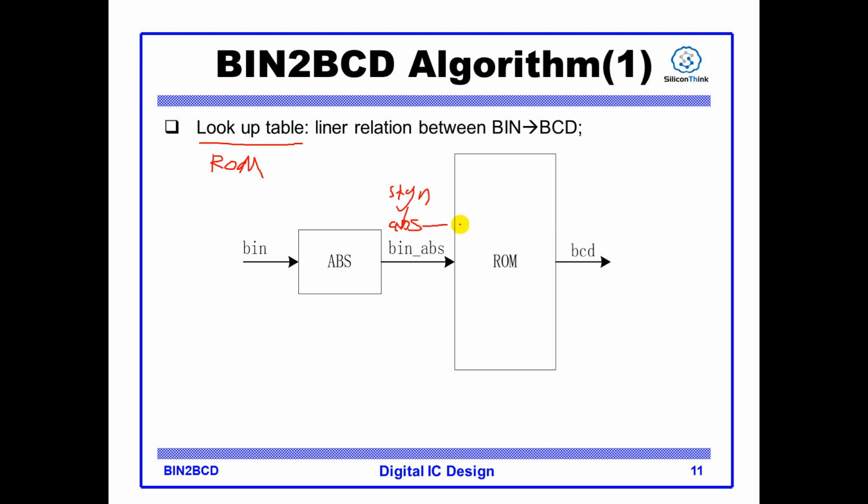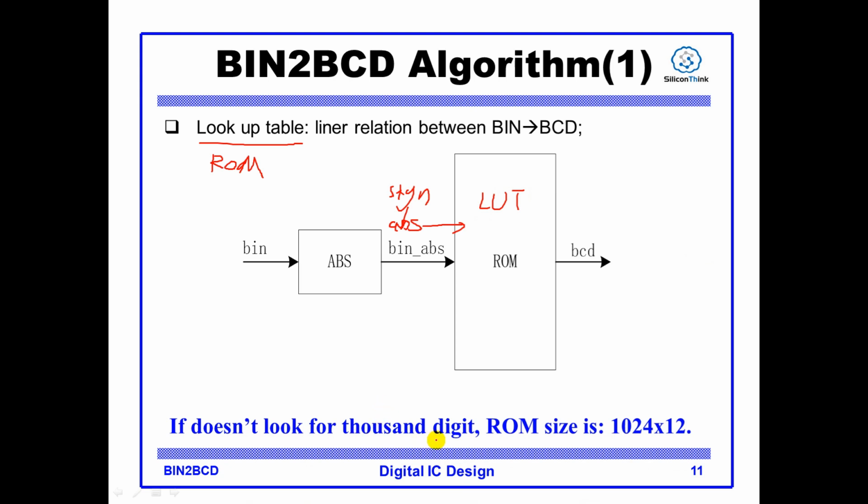Then I will use the absolute value as address to this ROM and get the BCD value of these amps. So this is the algorithm of lookup table. This is the lookup table. This is algorithm 1.